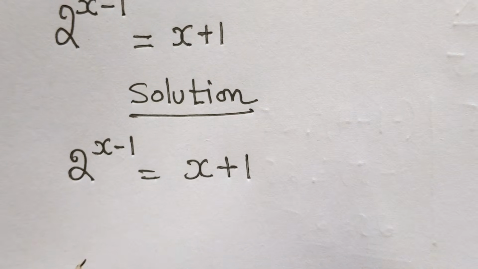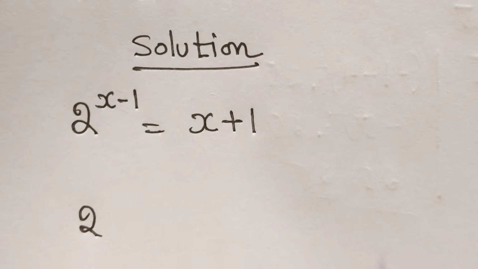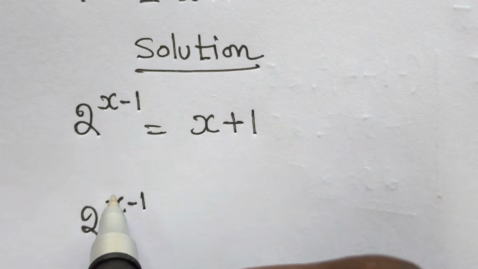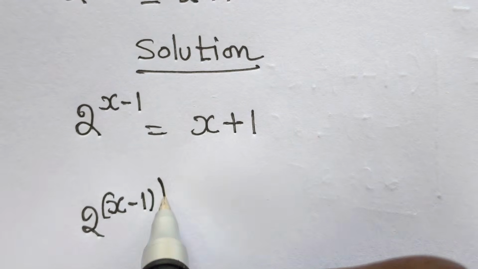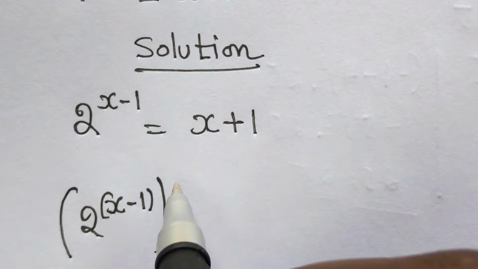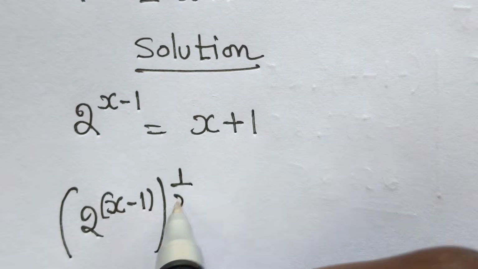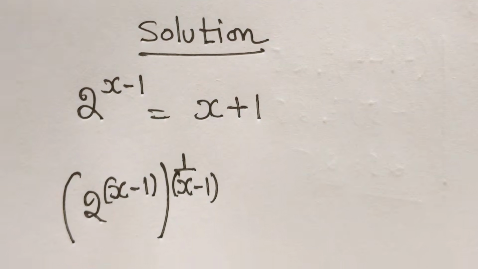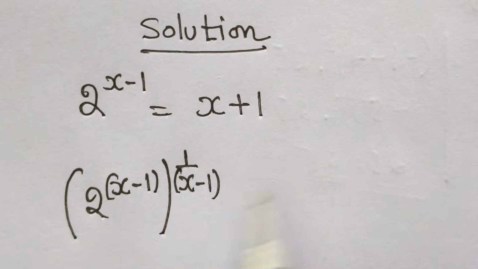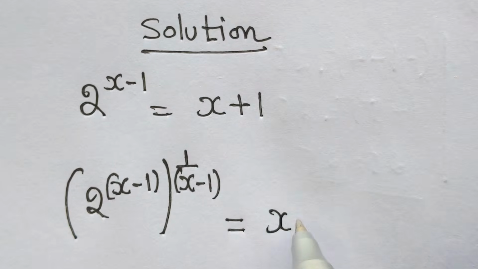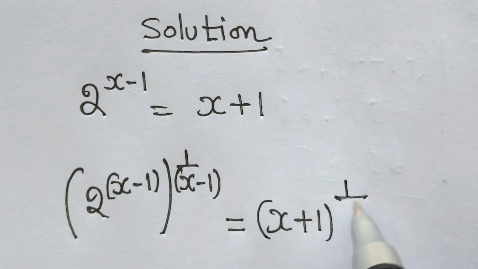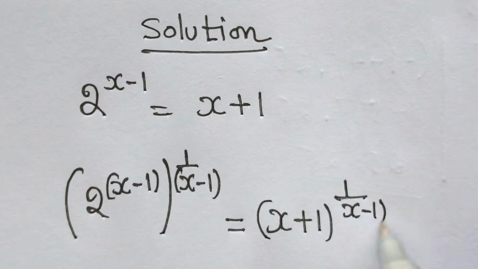We shall say 2 power x minus 1, then power itself 1 over x minus 1. And what we can do, one side we have to do it on the other side. We have x plus 1, then power 1 over x minus 1.